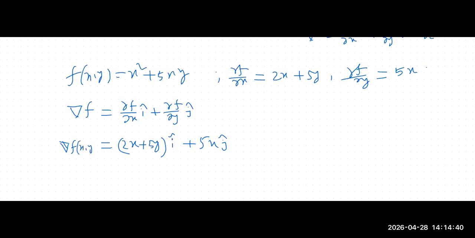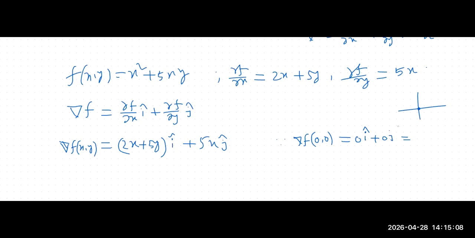Okay, if we calculate the gradient of this function f at any fixed point, let's say 0, 0, so x value is 0, y is 0, then 0i plus 0j. So this is a vector whose starting point is at the center and whose magnitude is also 0.